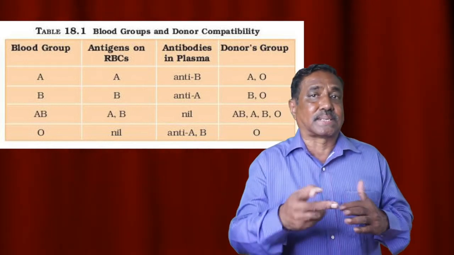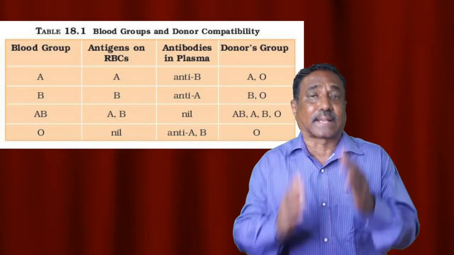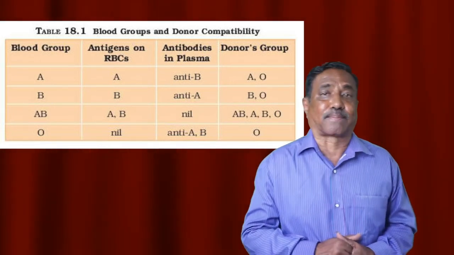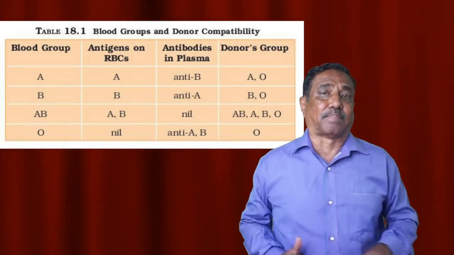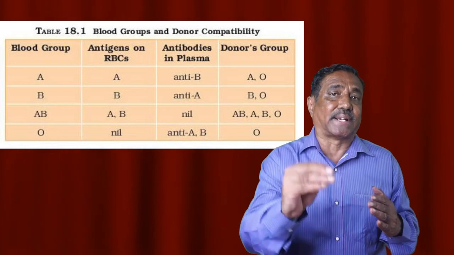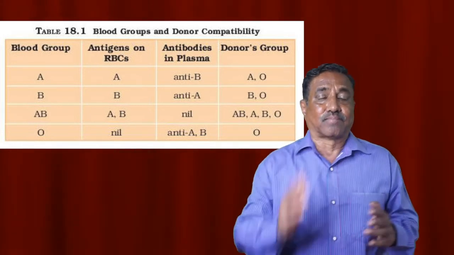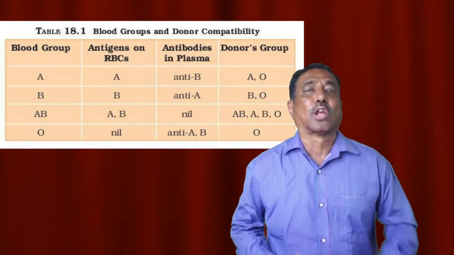If the A antigen is present, it is A group. If B is present, B group. If both are present, AB group. If both are absent, O group.